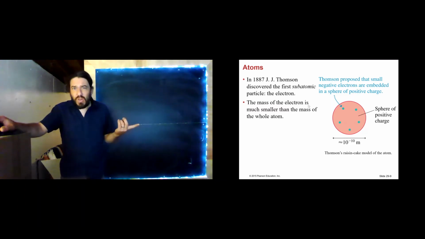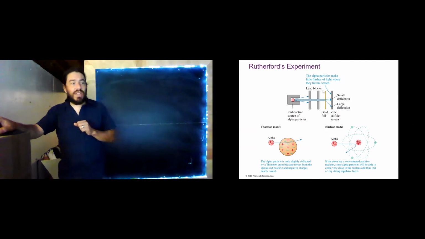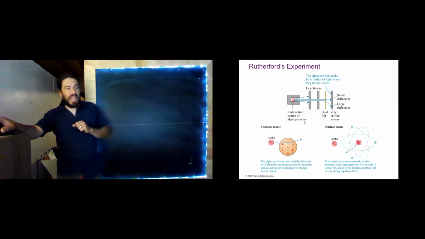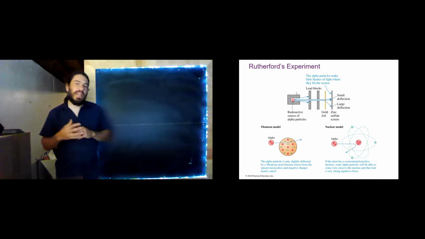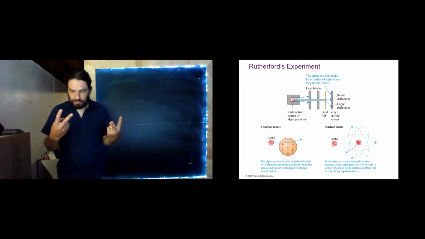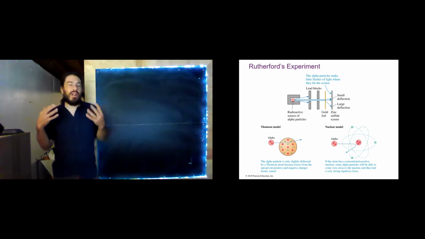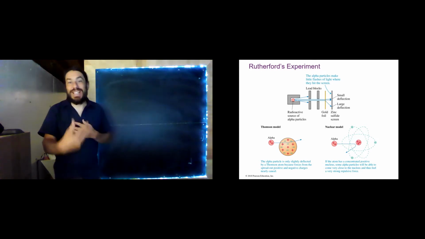And it held for a few years, but then a man named Rutherford came along, and he set up an experiment using a very thin gold foil and a source of alpha particles. An alpha particle is simply a helium nucleus. It's 2 protons and 2 neutrons. And it turns out that they get produced in great abundance in radioactive decay.